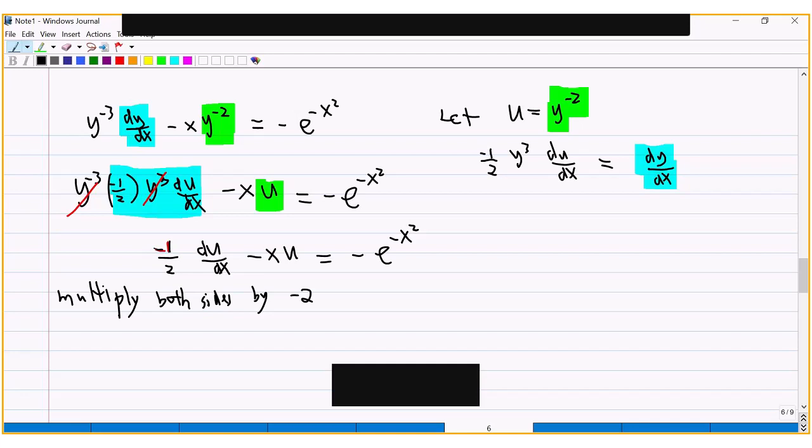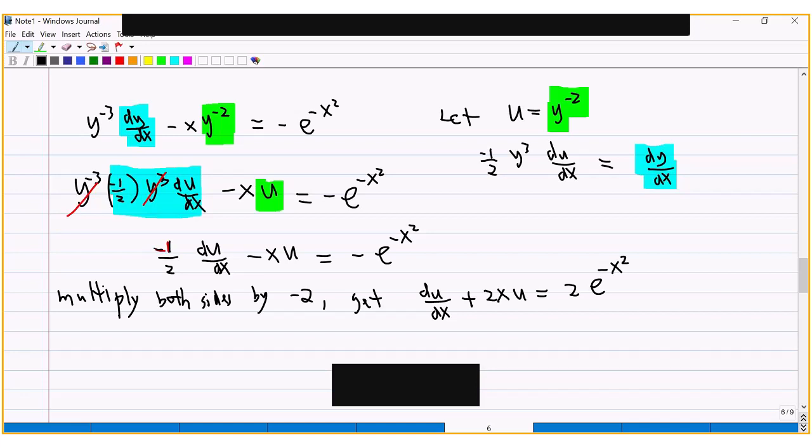So you get du dx, minus x times minus 2, you get 2x u. Then minus 2 times minus 1, you get 2e power minus x squared. So you get this equation.